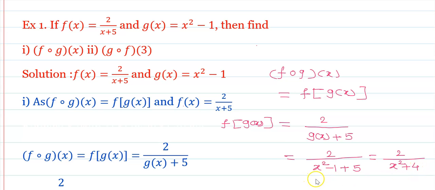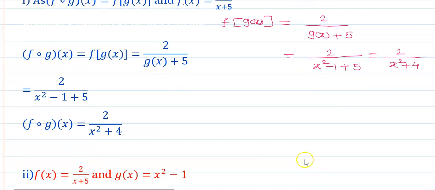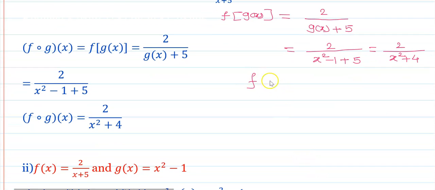And hence f of g of x is equal to 2 upon x square plus 4.